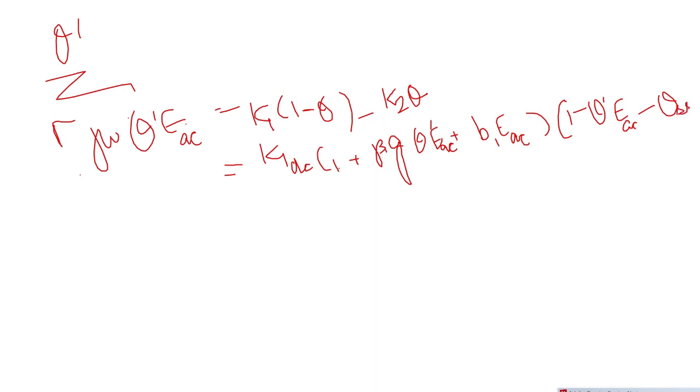So that is coming from 1 minus theta. If I substitute theta SS plus theta dash E_AC, I'll get this one. The same thing can be written for k2 also.